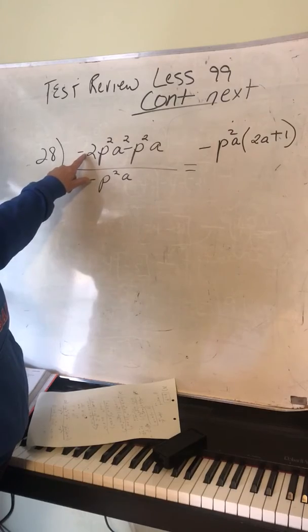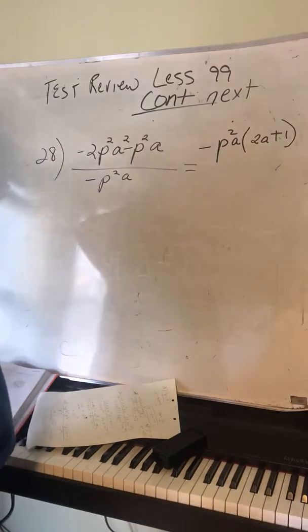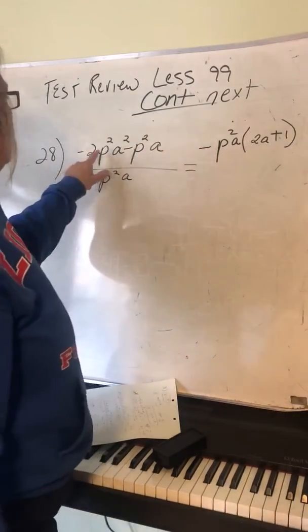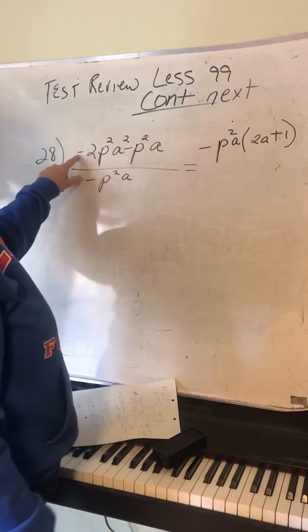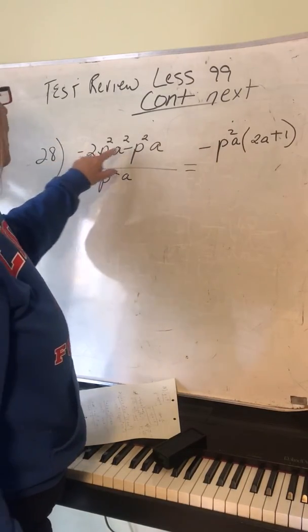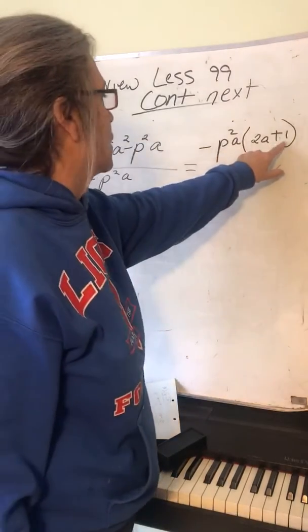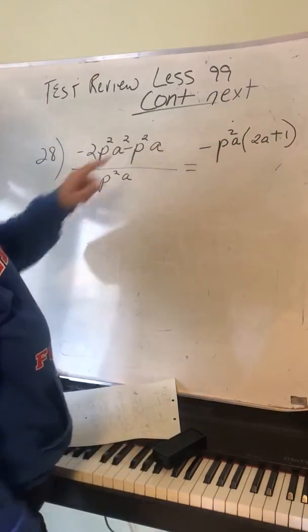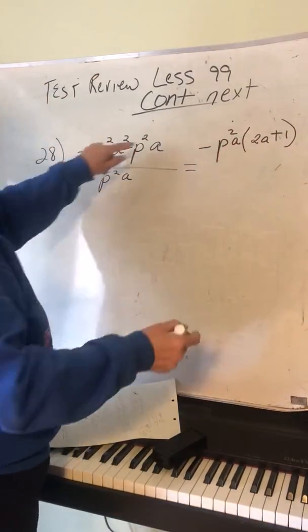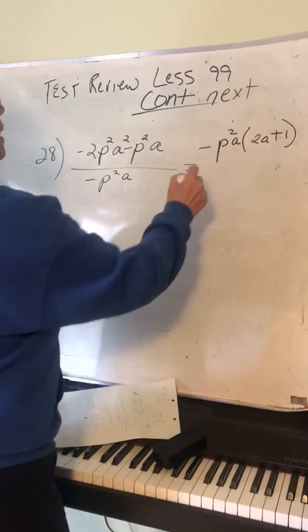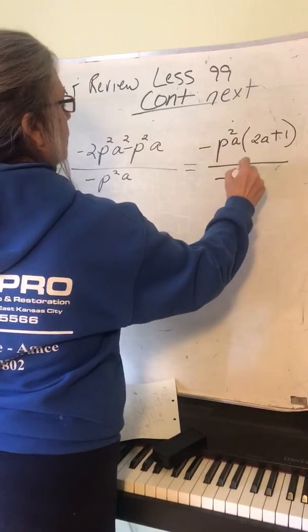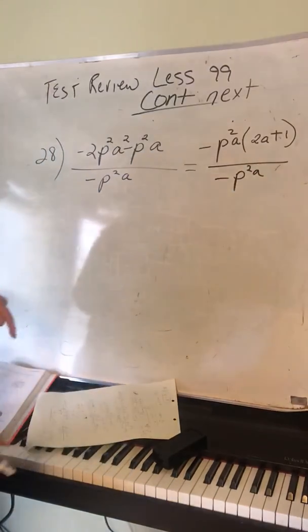So this becomes a 2a because you pulled out the negative p squared a. And this becomes a positive, and that's 1 times this negative. So if you just redistribute and check it, you should get this on the top. Then the bottom stays the same. And then this works out real nice.